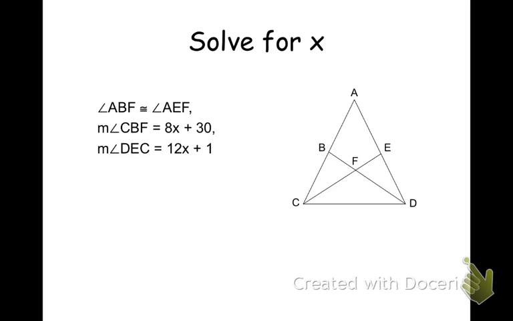Okay, here's another example. It's not a proof example, but we're simply going to solve for the value of our variable x given the situation and the conditions here. Angle ABF is this angle here. That is congruent to angle AEF, this angle here. We know that the measure of angle CBF is 8x plus 30, this angle here, and we know that the measure of angle DEF is 12x plus 1.